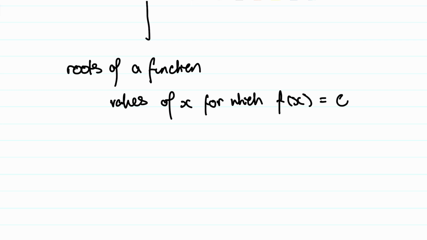Now the last piece of terminology we can talk about is what's known as the roots of a function. And this is in effect quite simple. All we mean by the roots of a function is the values of x, in this case if it were a function of x, but if it were a function of y it would be the values of y, but it's the values of x for which our function f of x is equal to 0.